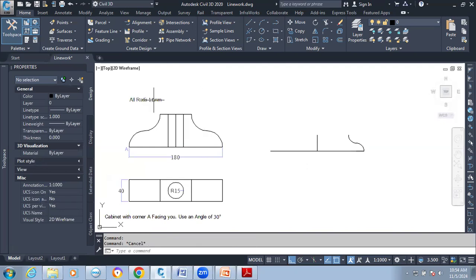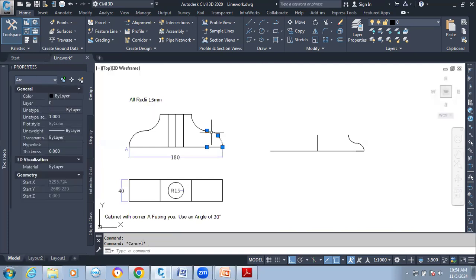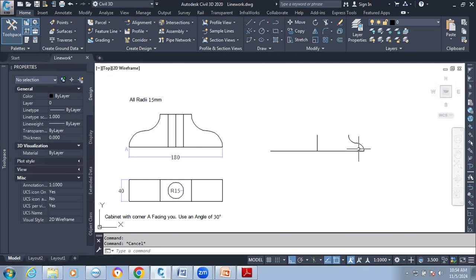So remember this radius is 30, not 15. That is why mine is looking this small.